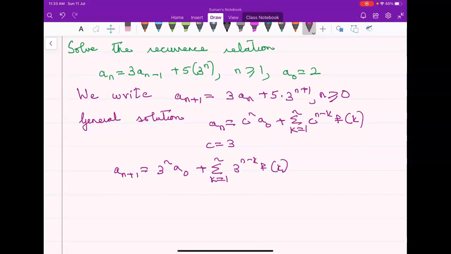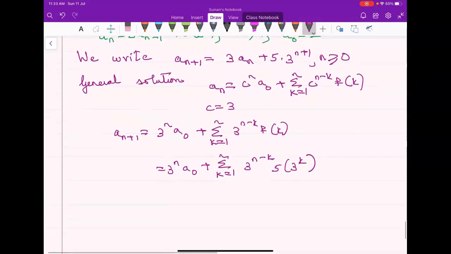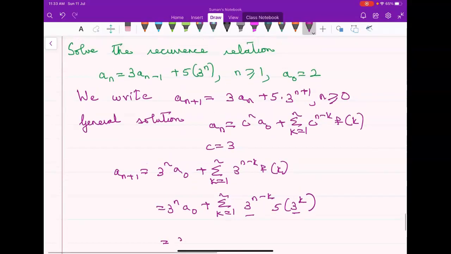So that would be 3 raised to n into a naught plus summation k taking value 1 to n 3 raised to n minus k. F of k will be 5 into 3 raised to k. And now when you substitute, the 3 raised to n minus k and 3 raised to k will give you 3 raised to n. So a naught is, what is a naught? A naught is 2.